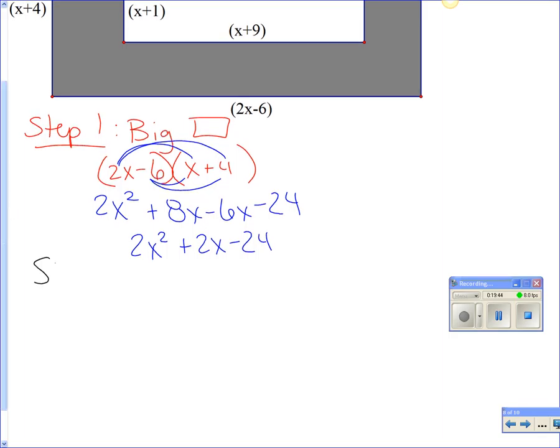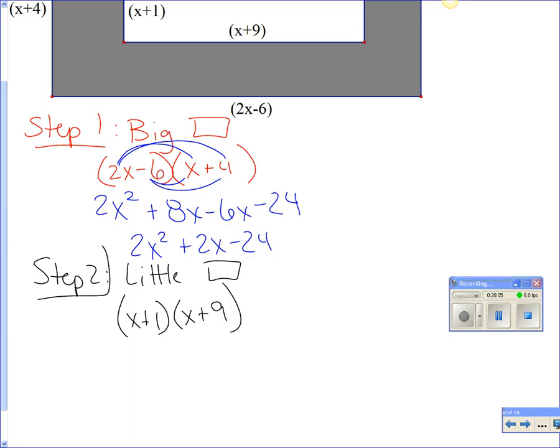All right, step 2 is the little box. All right, Stephen, what do you think I'm going to use for the little box? X plus 1 and X plus 9 are for the little box.